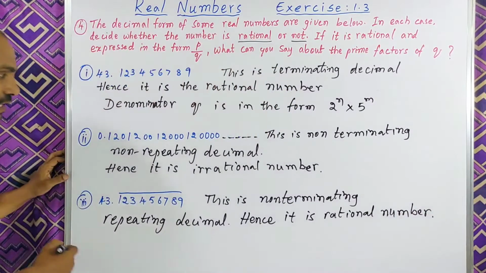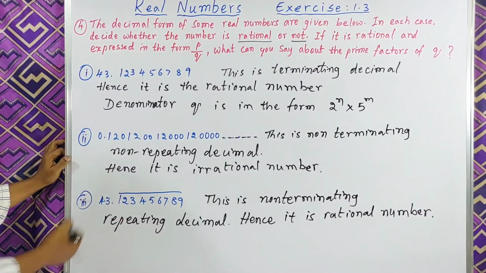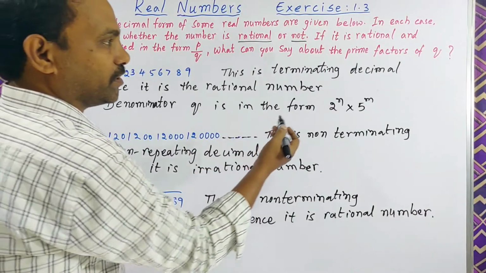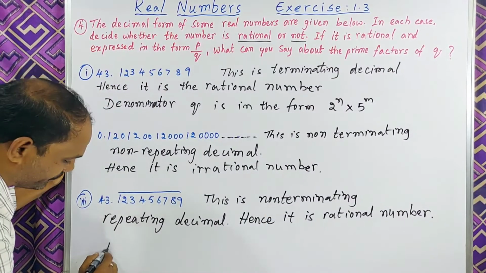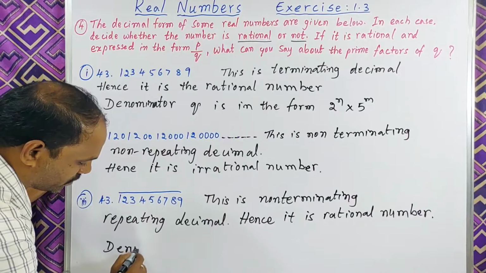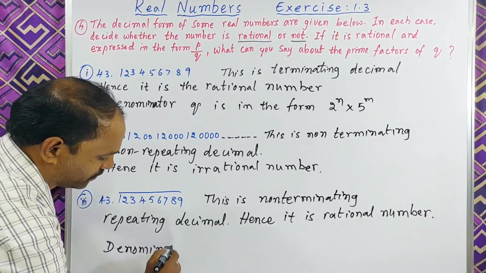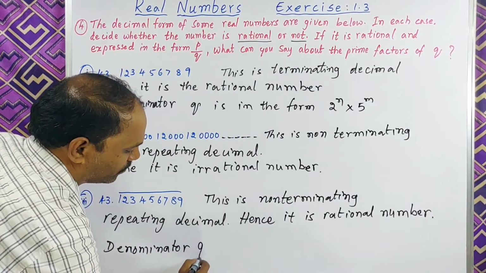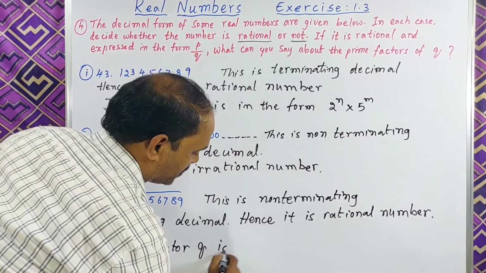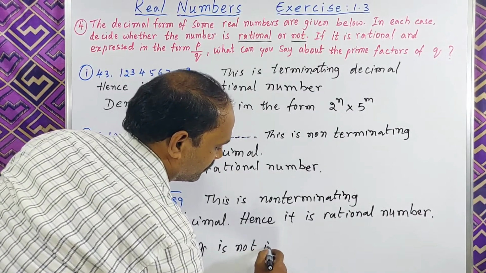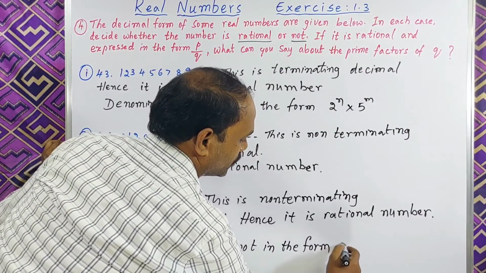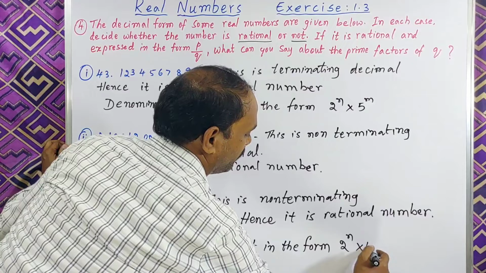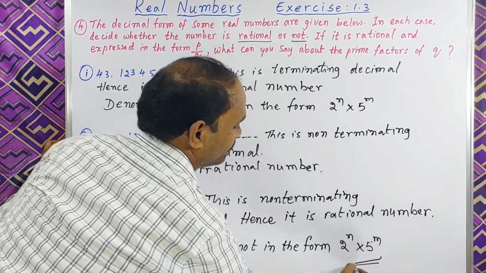And what about the prime factors of q, meaning the denominator? q is not in the form 2 power n into 5 power m.